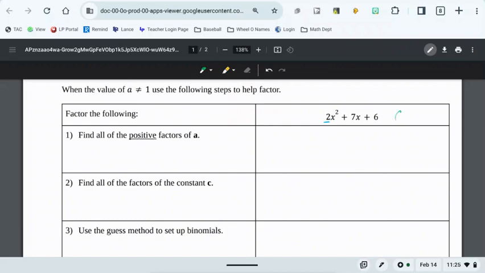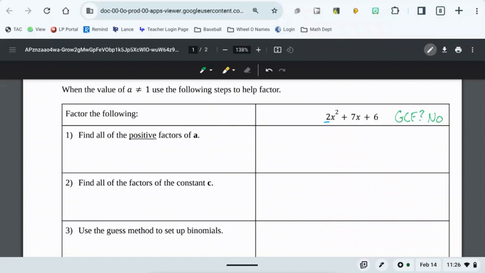Speaking of GCF, we need to check, is there a GCF? So there is no number that goes into 2, 7, and 6 other than 1, and there is no variable that each term shares. So there is no GCF. Again, we need to continue checking for GCF every single time.